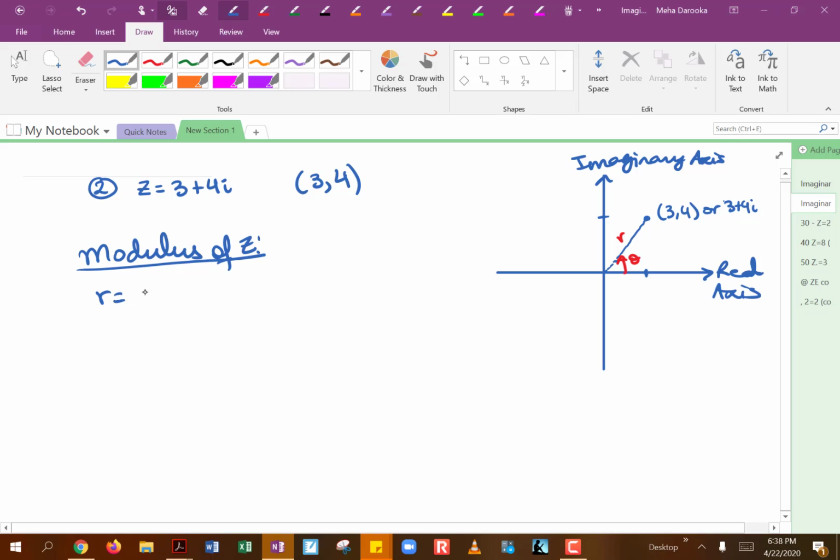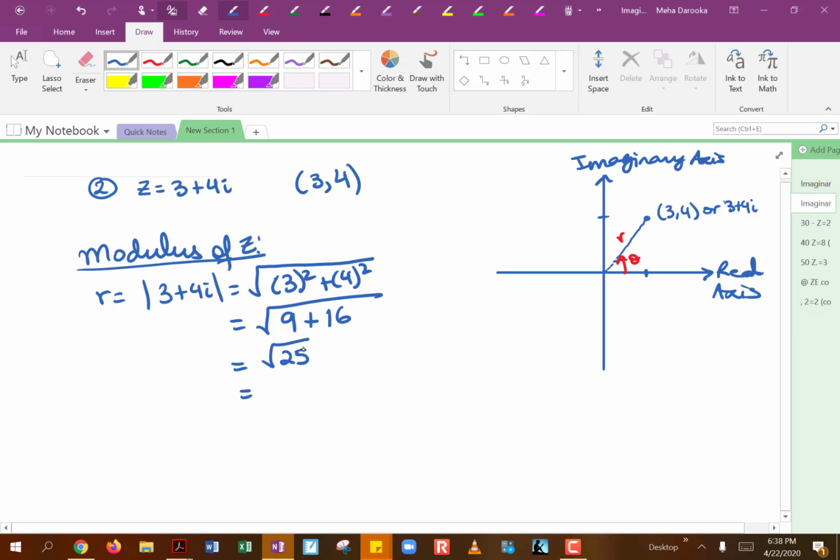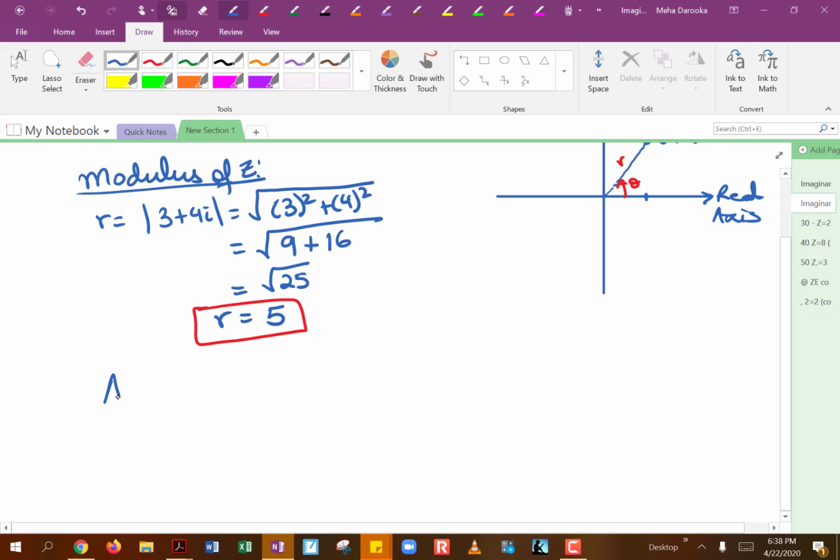So this will end up giving us r equals the absolute value of 3 plus 4i, which is going to be square root of 3 squared plus 4 squared, which will of course end up giving us 3 squared is 9, 4 squared is 16, 16 plus 9 gives us 25, which will of course give us 5 as our modulus. Okay, now that we have the r value, we of course need to find our argument theta.